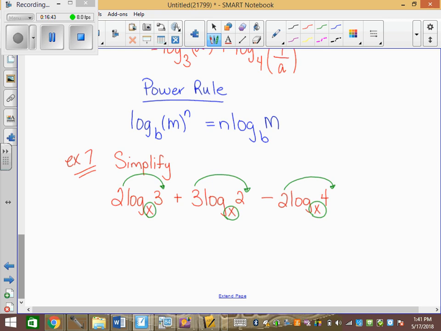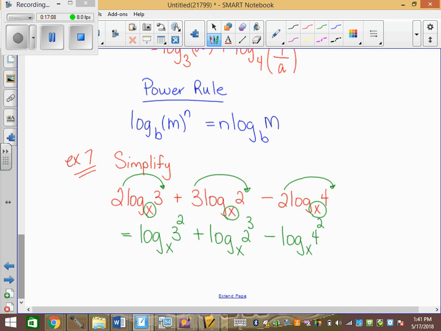Okay? So if you see common bases, think probably put them together. So I'm going to have log base x of 3 to the 2. It comes up as the exponent. Plus log base x of 2 to the 3 minus log base x of 4 to the 2. So do you see how it comes up as the exponent?